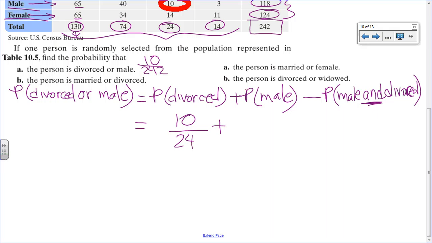I'm sorry, that is wrong. So out of the total of people of the sample space, which is 242, 24 were divorced.